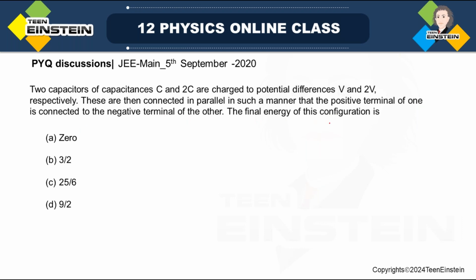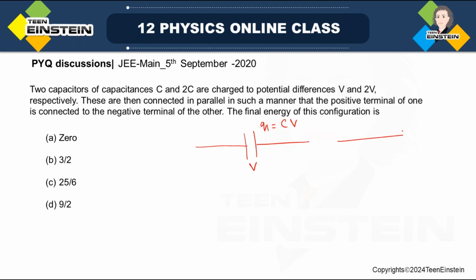The final energy of this configuration is... see, when I have two different capacitors charged, I have total charge. Suppose for the C, it is charged up to V potential difference, so I have total charge Q1 to be CV.